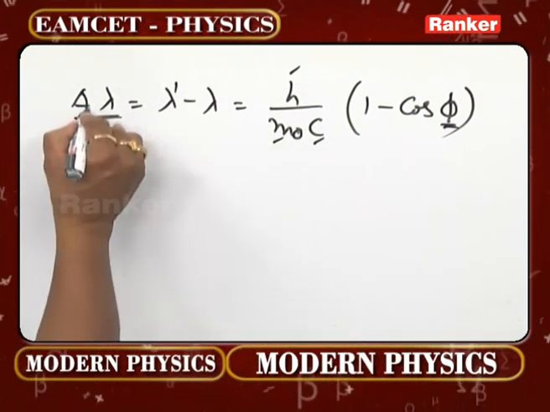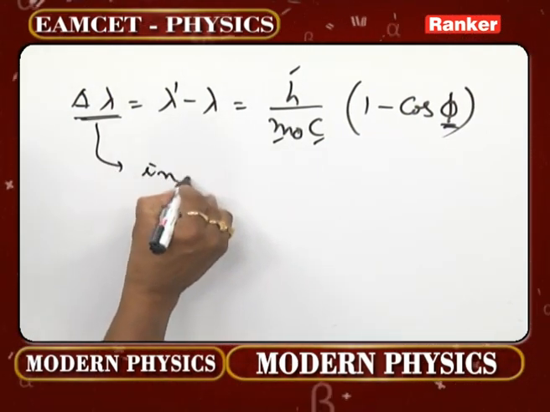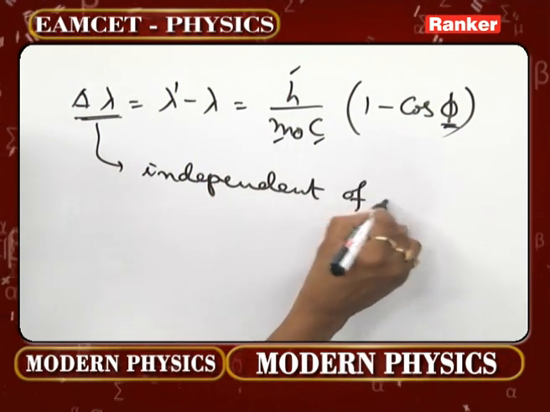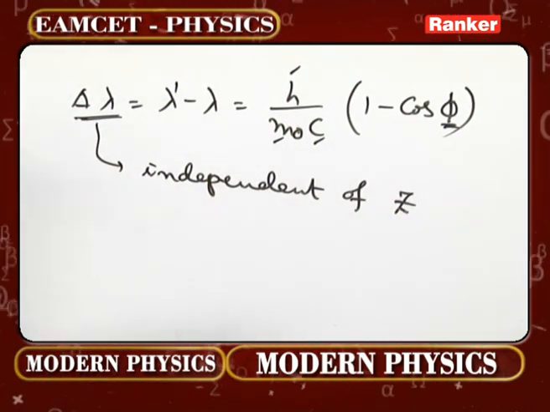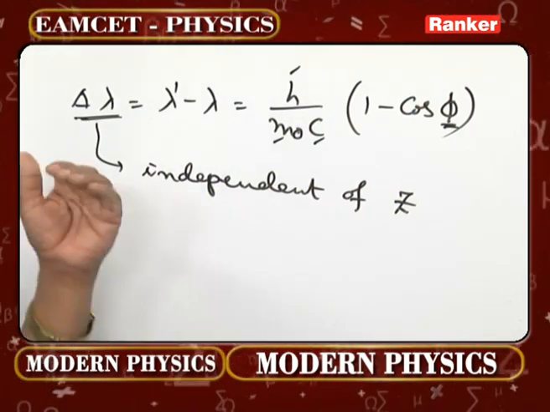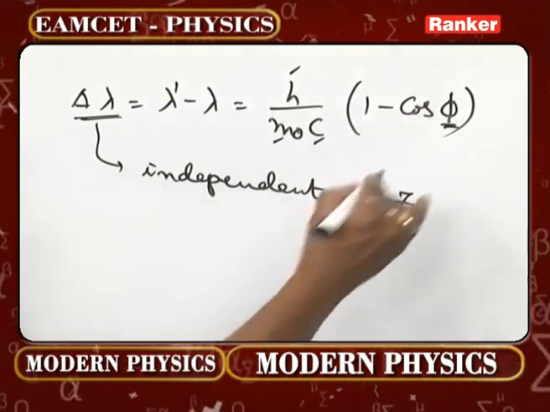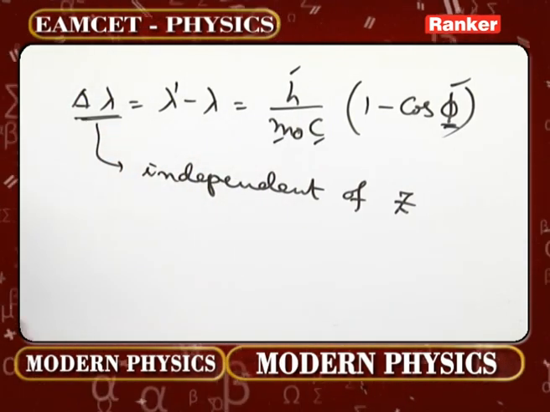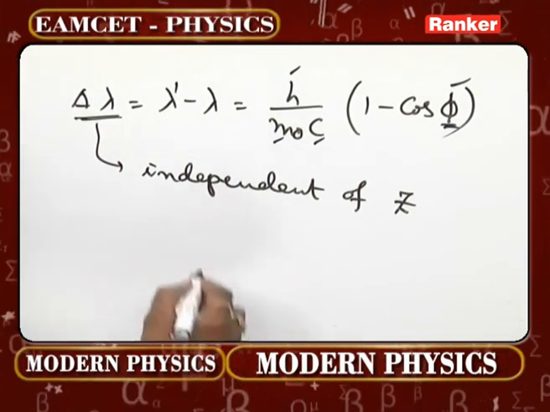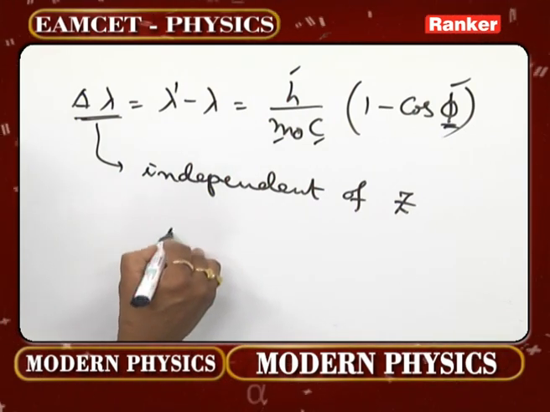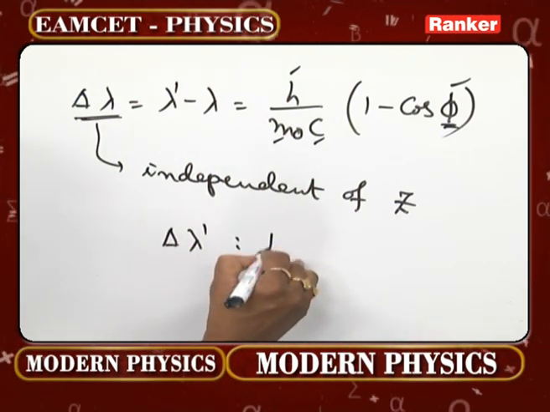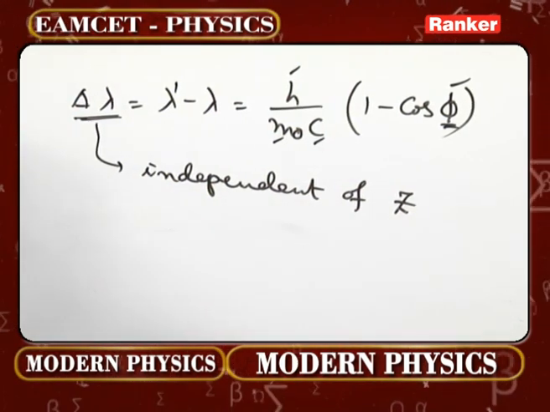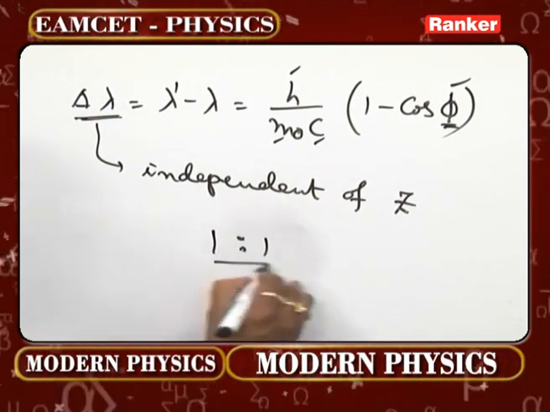That means delta lambda is independent of Z, the atomic number. So whether Z is 6 or Z is 30 hardly matters. If phi is constant, the value of delta lambda must be the same. So the wavelength variation delta lambda 1 is to delta lambda 2, or the wavelength ratio, is supposed to be 1 is to 1.